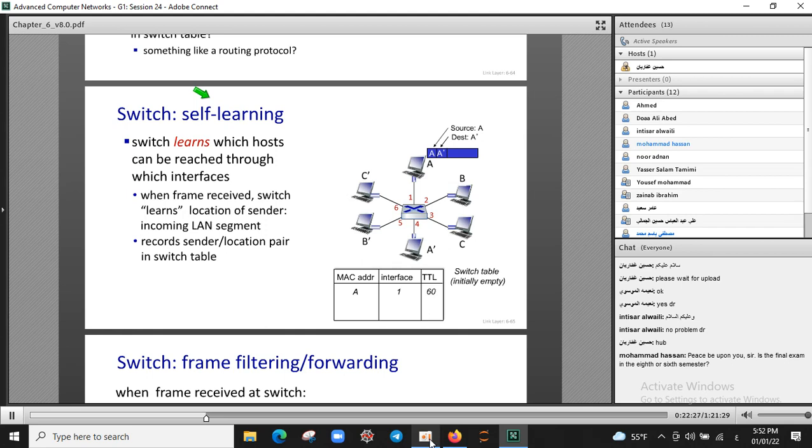the MAC addresses. How? For example, A is sending data toward the network.